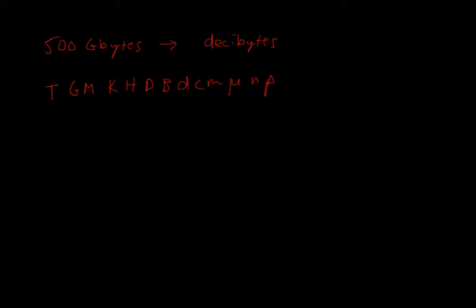Okay, so I'm going to put a dotted line in between my M and my K and in between my M and my mu. And the reason why I put a dotted line here is because remember, anytime we're in between the dotted lines, we're moving the decimal one place because we're multiplying by a factor of 10.